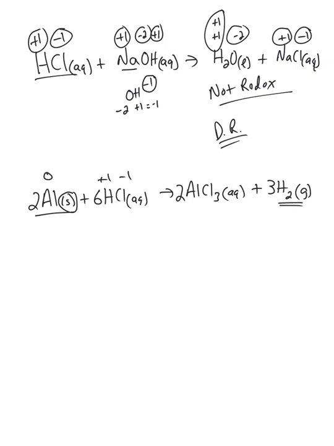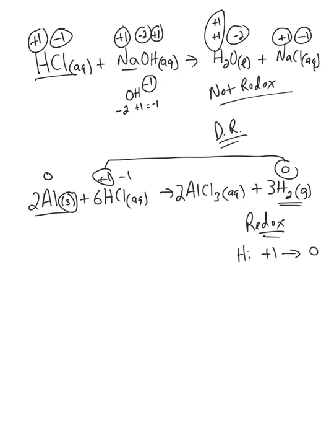It's bonded to itself. If it's bonded to itself only, it's going to have a 0 oxidation number. Immediately, I can tell that this is going to be a redox reaction. Why is it redox? Because the hydrogen is going to go from a +1 oxidation state to a 0 oxidation state.